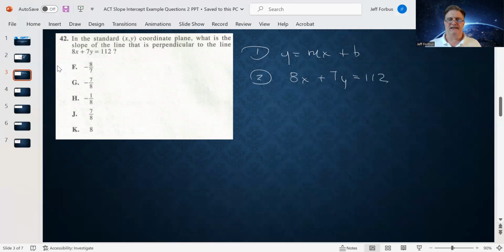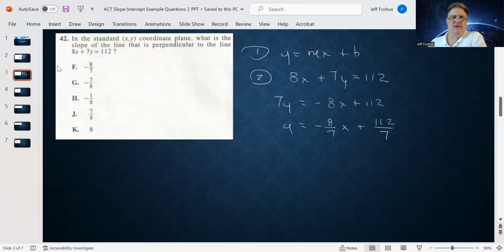So I'm going to subtract the 8x over, and I'm going to have 7y is equal to -8x plus 112. I'm going to divide by 7. Y is equal to -8/7 x plus 112 over 7.